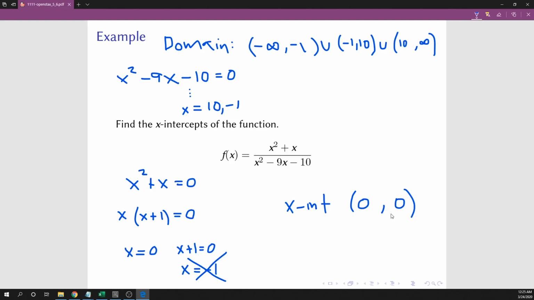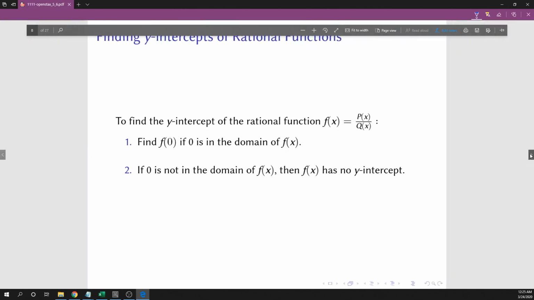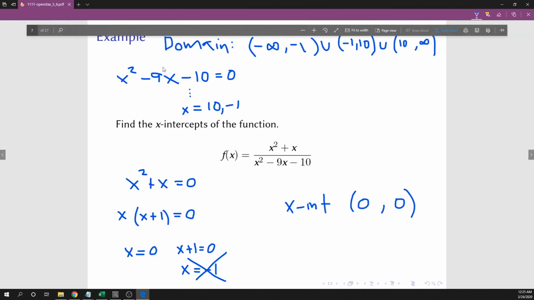Okay. This one is worth looking at the graph. I don't think I've graphed it out here. All right, so let's take a look at the graph on Desmos.